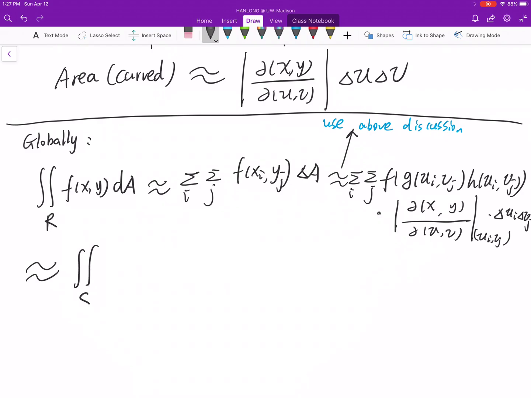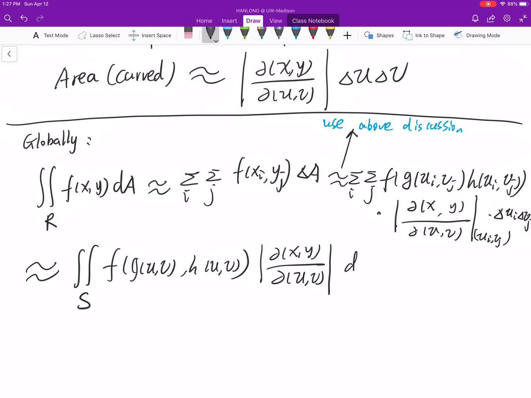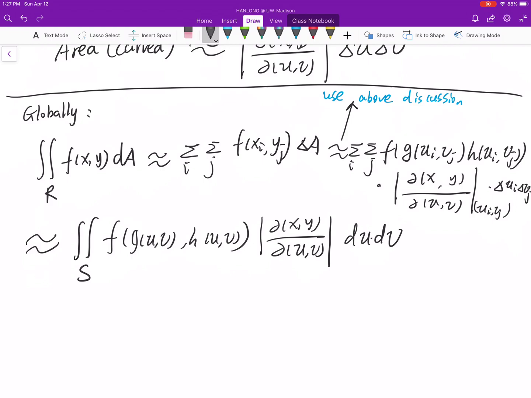And then the last one, we can read it back as an integral. So this will be the integration of f(x(u,v), y(u,v)) times the absolute value of partial (x, y) over partial (u, v) du dv. So this is the absolute value symbol. And here you have an extra factor, this one.